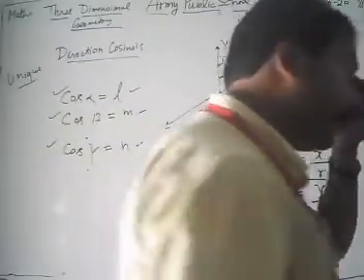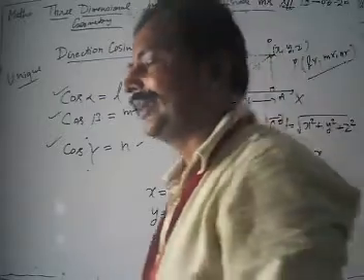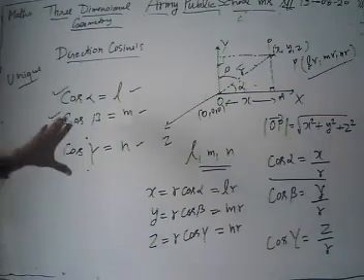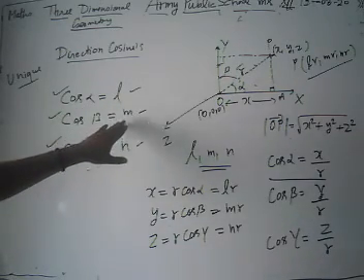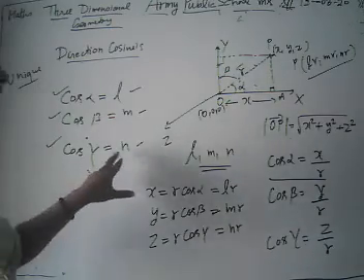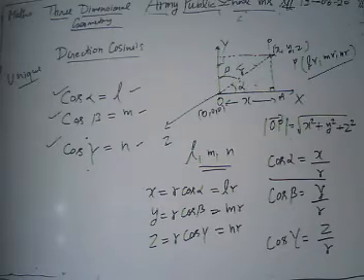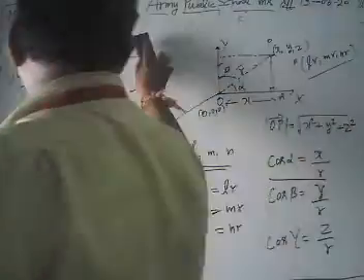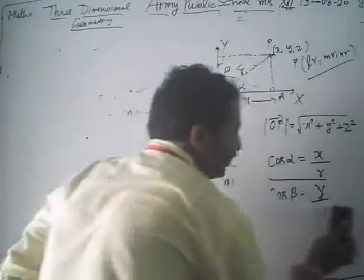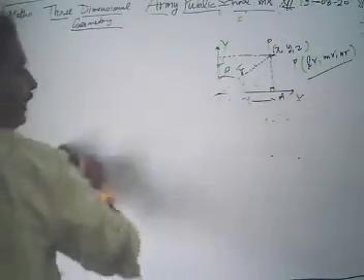Then cos alpha, cos beta and cos gamma are known as our direction cosines, and l is cos alpha, m is cos beta, and n is cos gamma. Also, in terms of l, m, n, our point P is given by lr, mr and nr. It's our concept of direction cosine, and we have discussed that it is unique in nature, representing a unique line in space with angles alpha, beta and gamma.